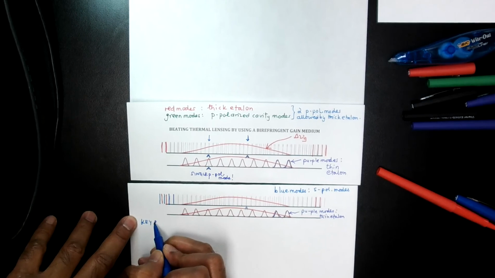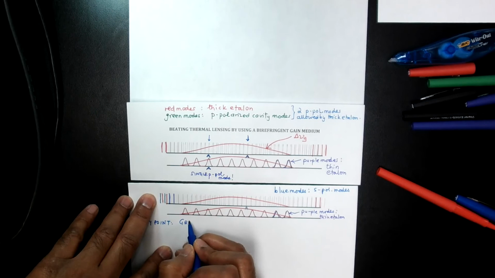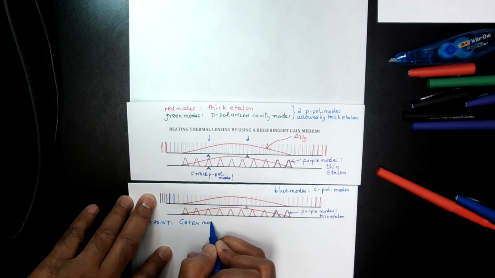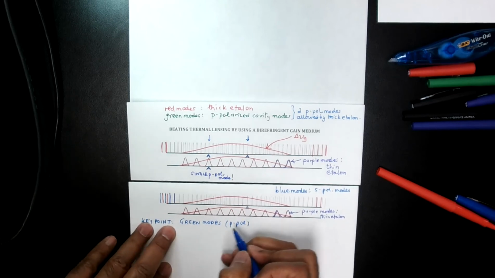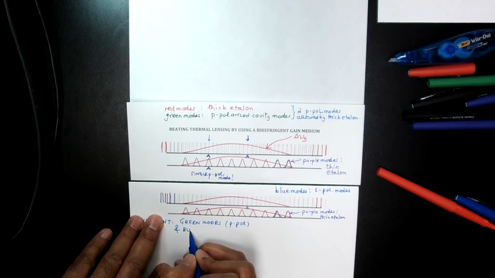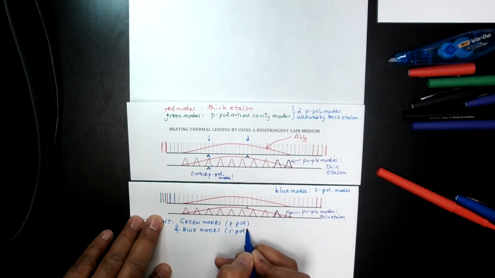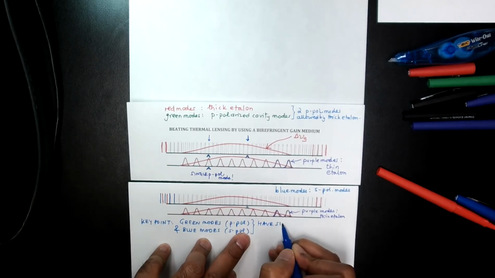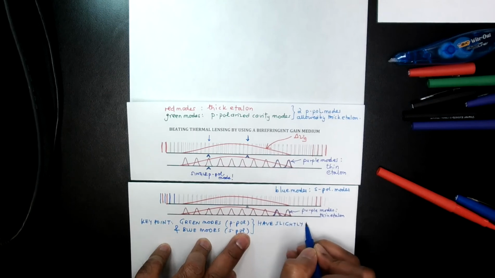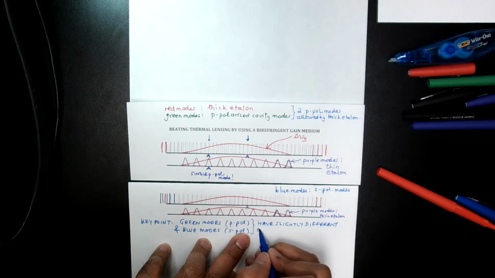The key point is that the green modes, P-polarized, and the blue modes, S-polarized, these have slightly different mode spacing, because of the birefringence.